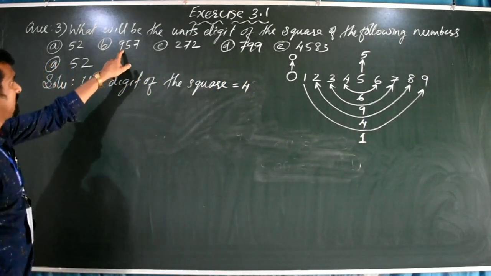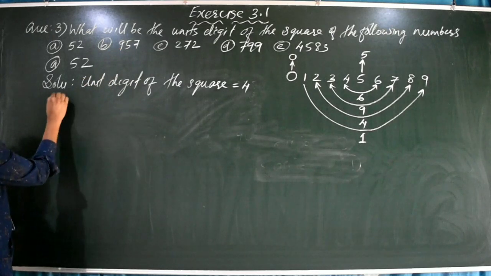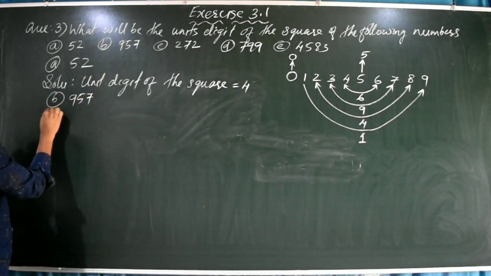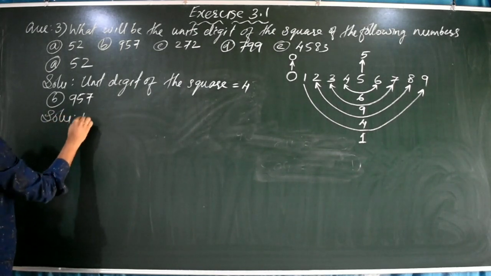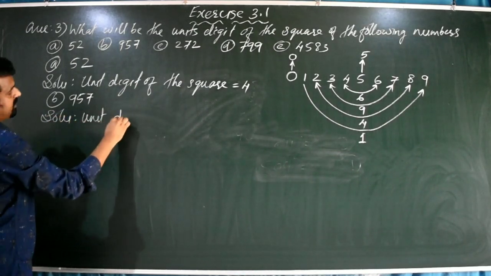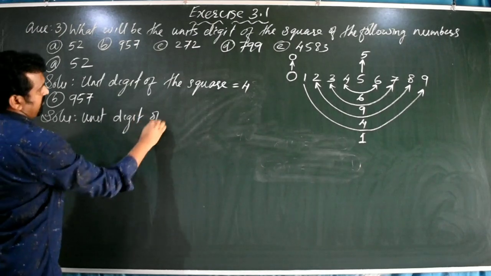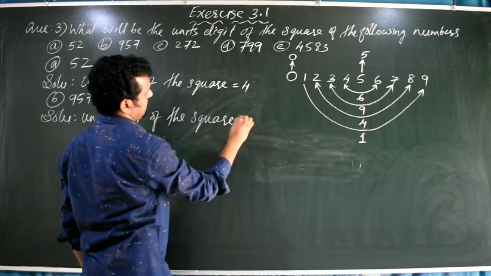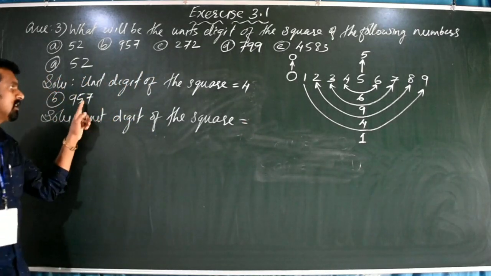Now next one, tell me this one. 957. Question number B, 957. Unit digit of the square is equal to, what is the last digit here? 7.